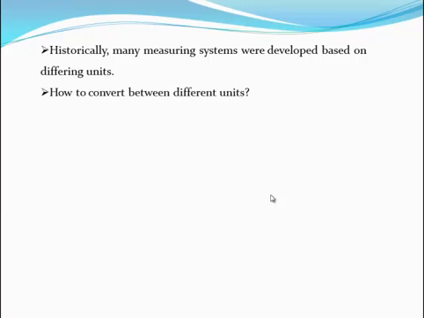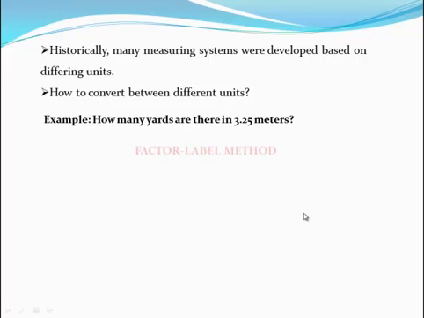So that is how to convert between different units. The example here is: how many yards are there in 3.25 meters? The last time we measured the length to be 3.25 meters, but someone wants to know how many yards are equivalent to 3.25 meters.